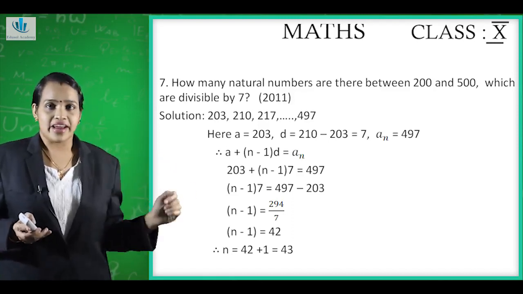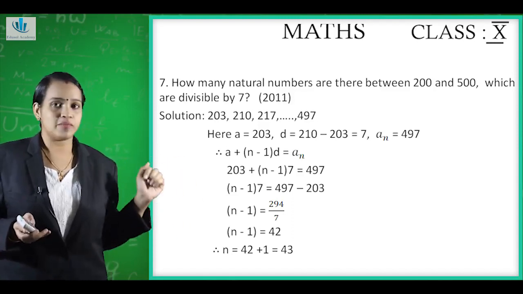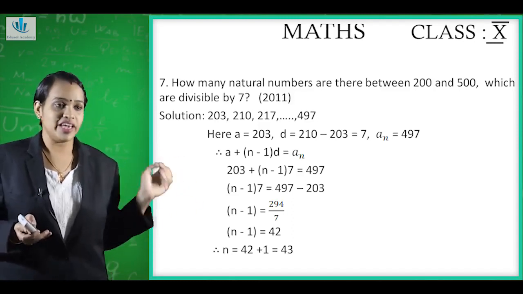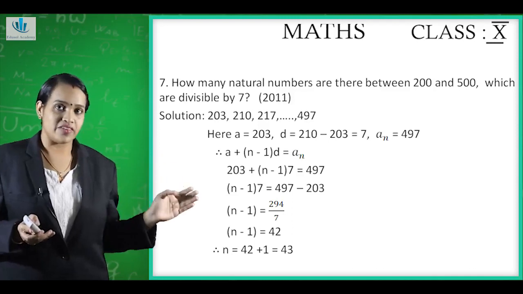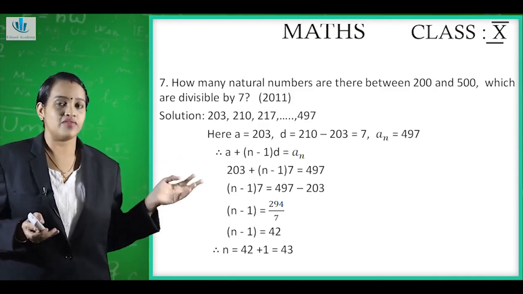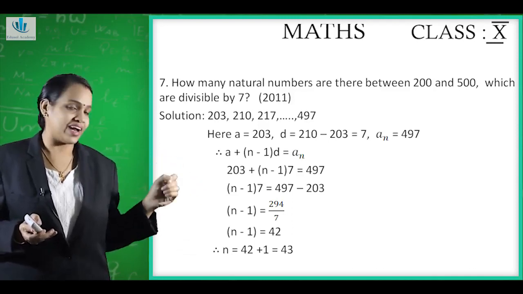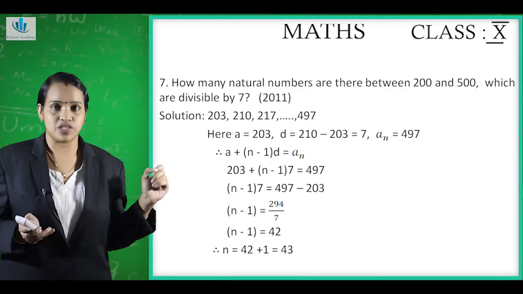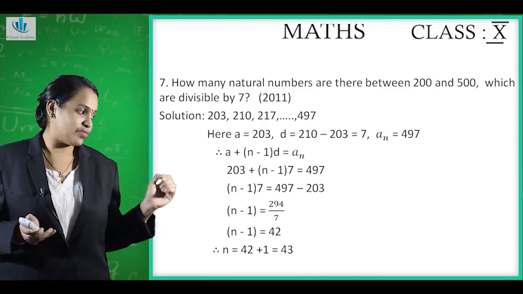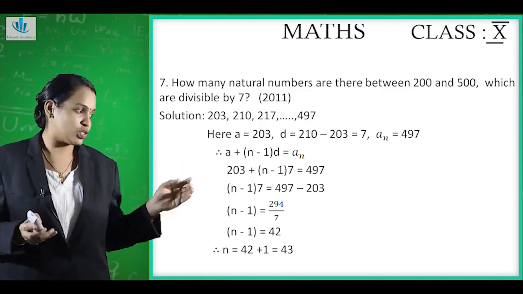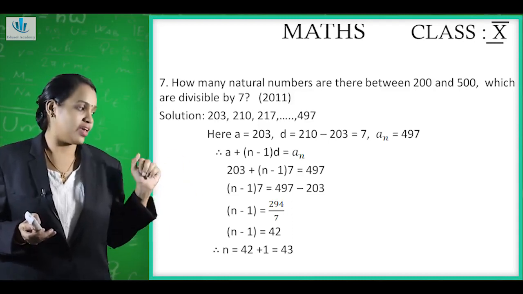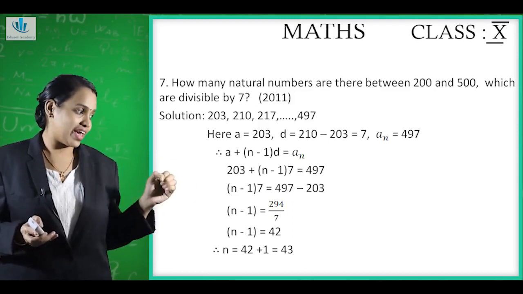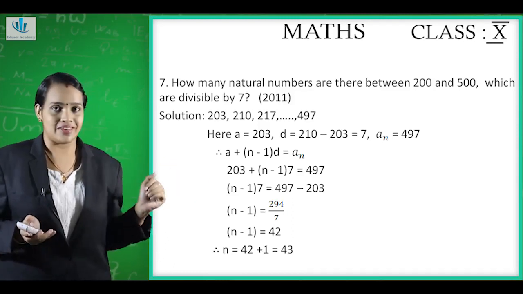We write the natural numbers divisible by 7: 203, 210, 217, and in this way up to 500, the last number being 497. Here the first term a is equal to 203. The difference is 210 minus 203, which gives 7. The last term an is equal to 497.